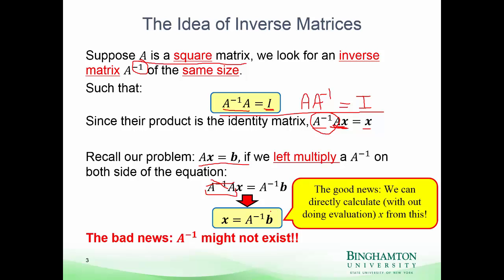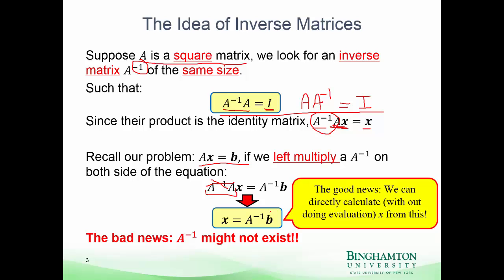So the good news is that we now have a way to easily solve this equation without really going through the elimination. That's not saying that the elimination approach is no good anymore. Sometimes that's what you need, and it's a necessary, important concept to know. But other times we want to say, hey, there's this new matrix, A inverse, and if I find it and then left multiply B, bang, I've got the solution to the equation.